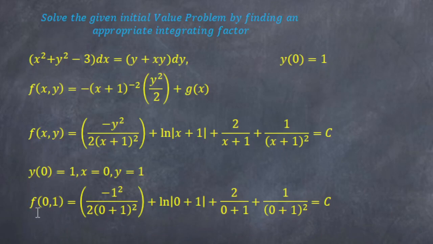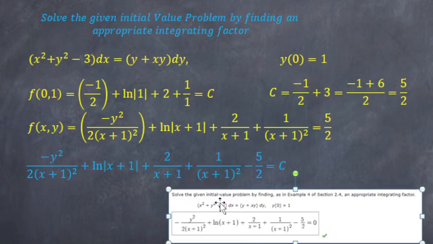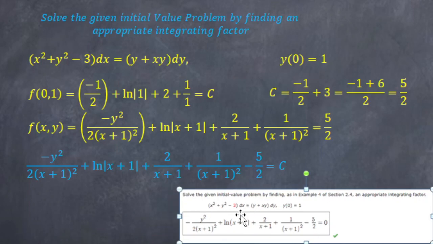We plug that in, and we can find that our c is equal to 5 over 2. Then subtracting 5 over 2 from both sides of the equation, and then equating that to c, we have now our final answer. And that's all. We can check that this is right, and I think it's right, and that's all.